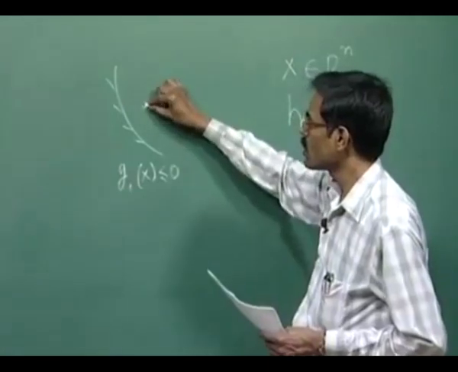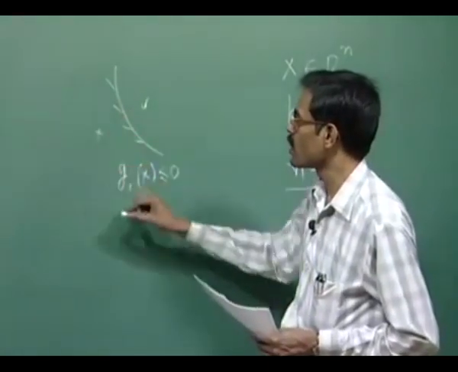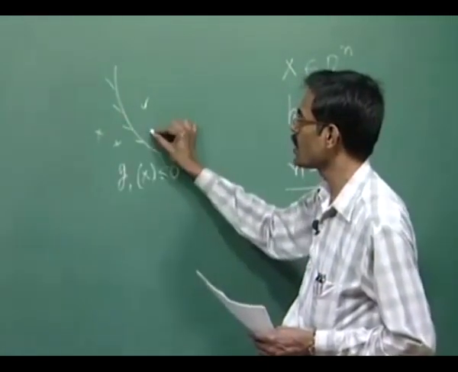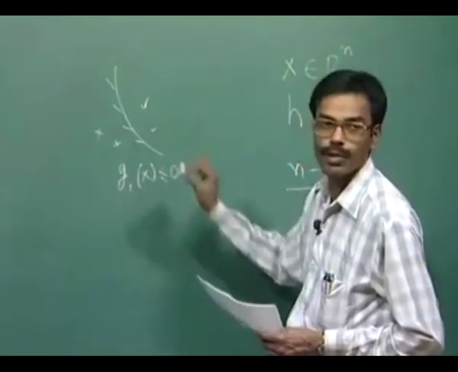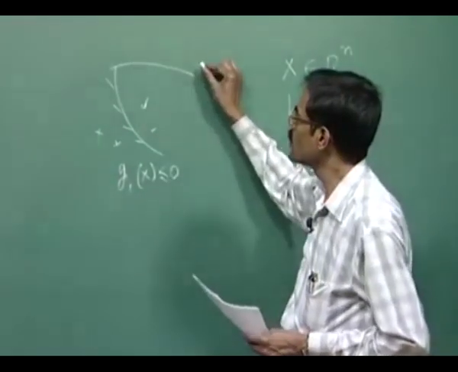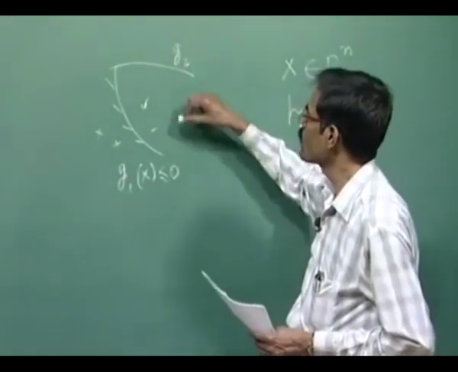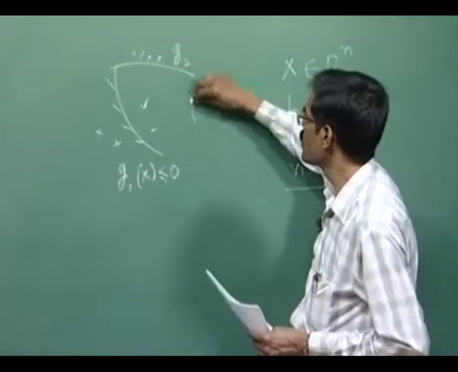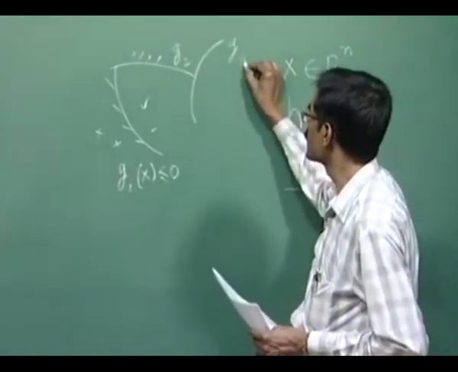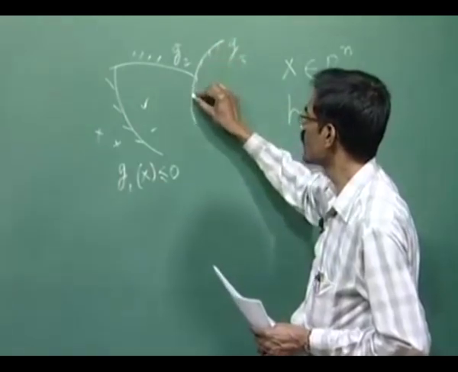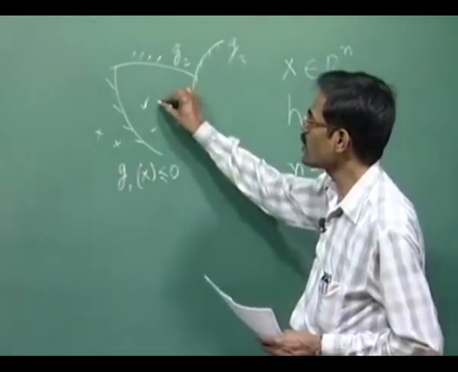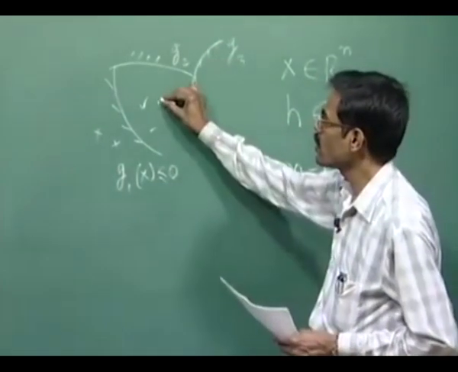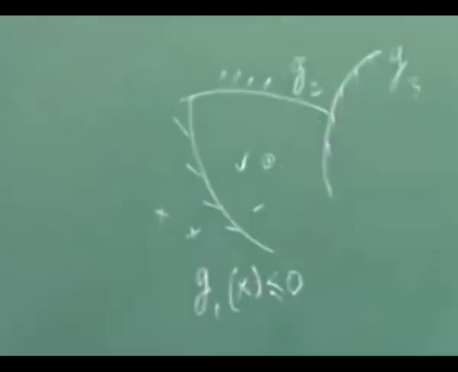So, this is the feasible side, this is the infeasible side, that is, g1 x is positive here, negative here, and 0 on the boundary. Similarly g2 x, similarly g3 x. So, you will find that at this point none of the constraints is active.